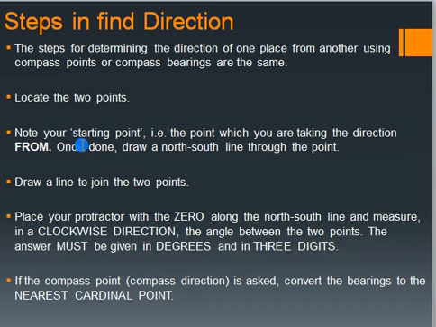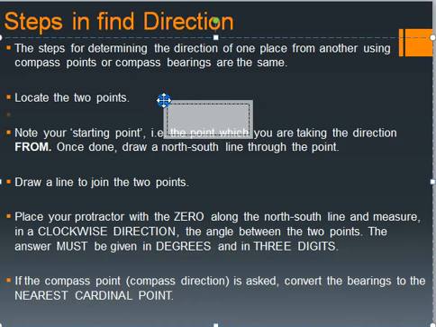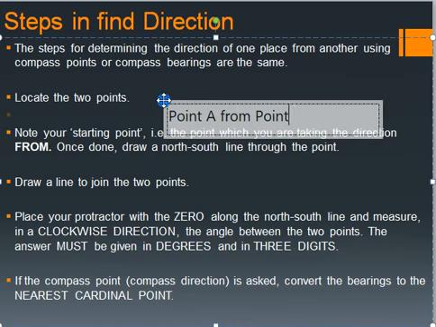So if the question asks, what is the direction of point A from point B, your starting point will be point B because it comes after the word from. So it's very important. Your starting point is always the point that is after the word from. So that is where basically your starting point is.